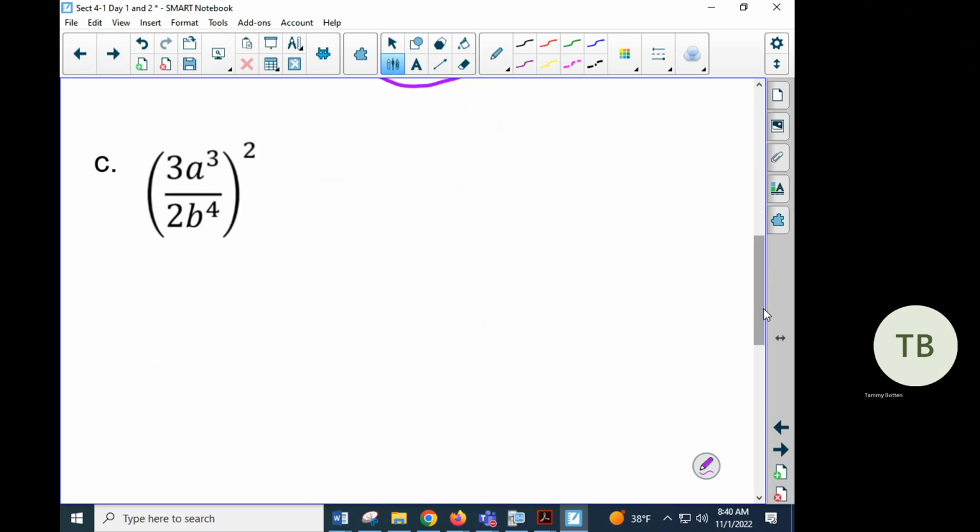Now this one here, we have to take everything and square it. If it's a number like 3, you're going to square the 3. Do you guys remember what to do if you have a power of a power? Like if you have 8 to the 3rd squared, what do you do with these?